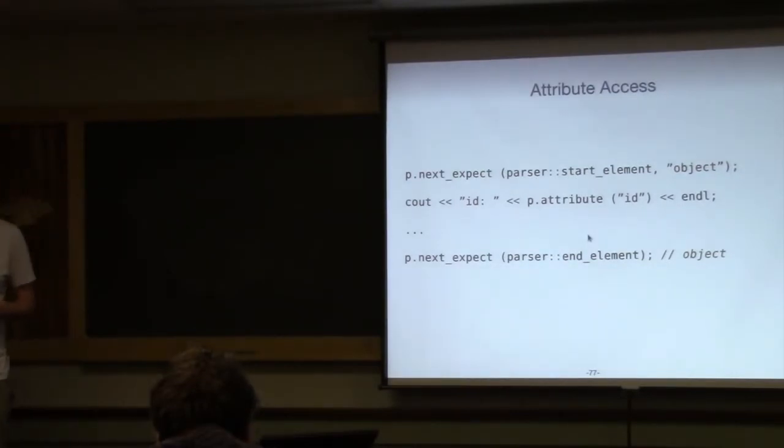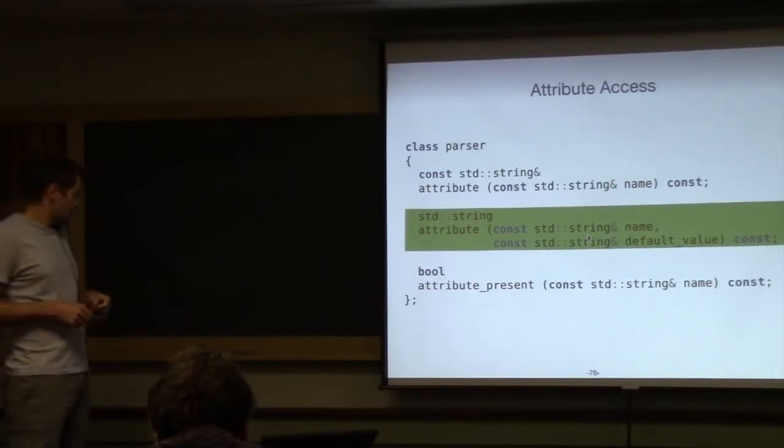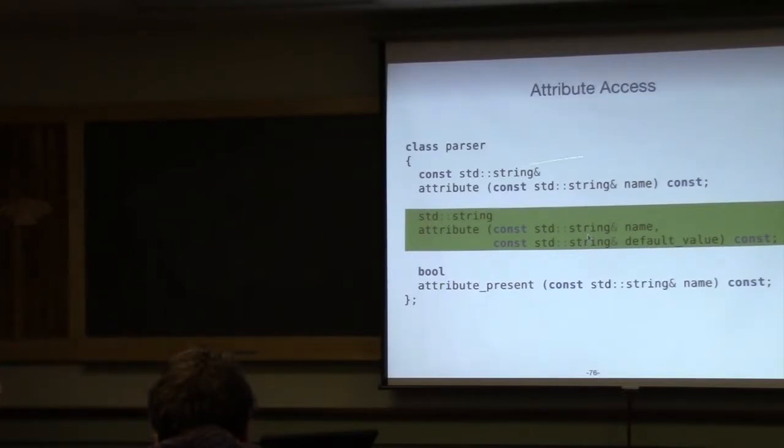Okay, question? So the question is, have I considered providing a function that returns something like optional so that we don't have to do the two name lookups, for example, call present first, and if it's there, then get its value.